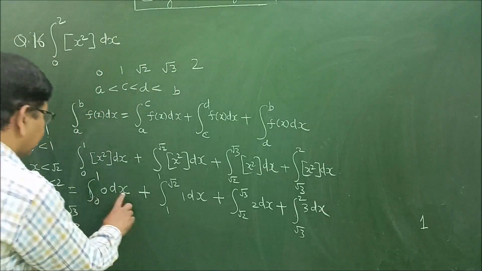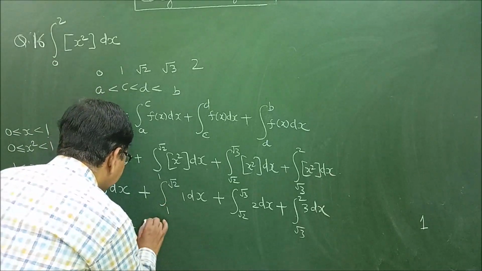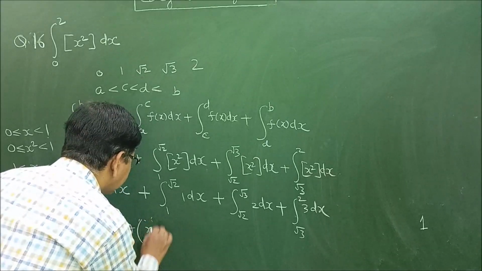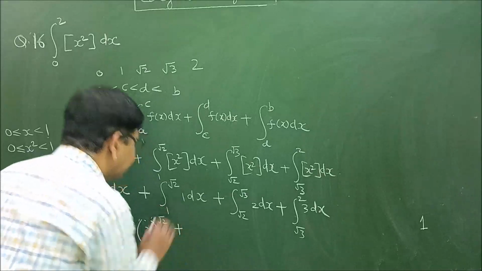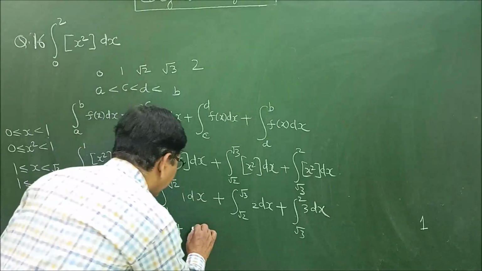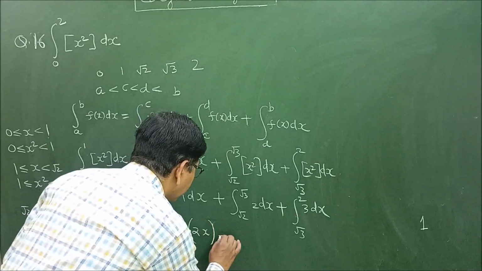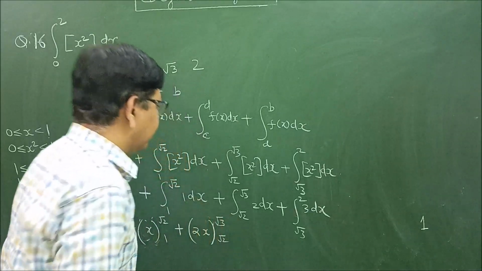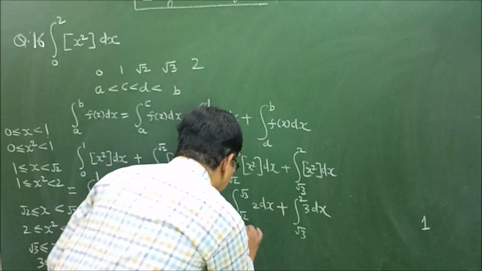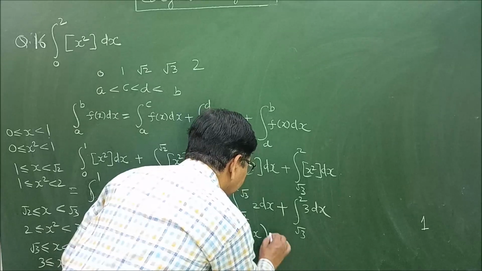Now integrating, this is 0, so this is equal to 0 plus integral of 1 dx, that is x, within the limits 1 to root 2, plus integral of 2 dx, 2 is a constant so 2x from root 2 to root 3, and here from root 3 to 2, 3 dx will be equal to 3x from root 3 to 2.